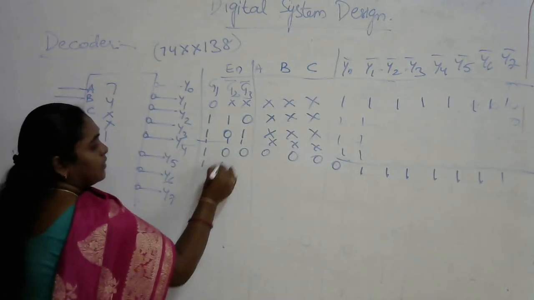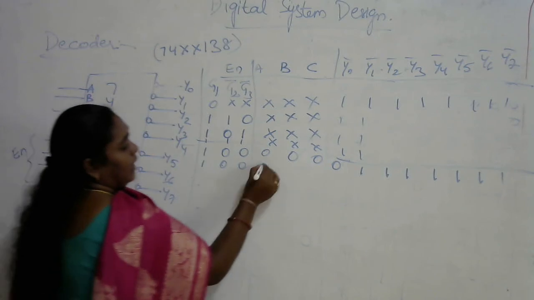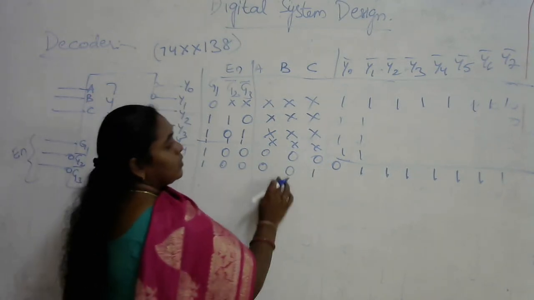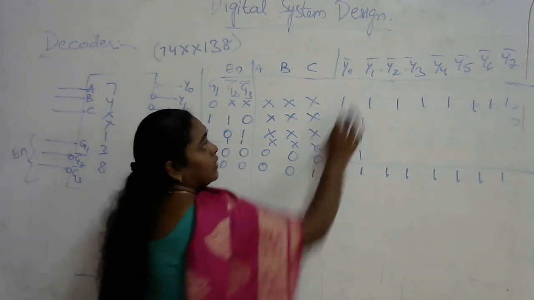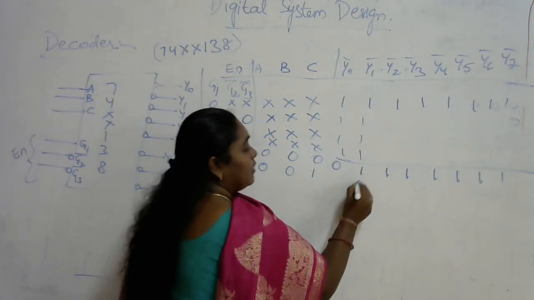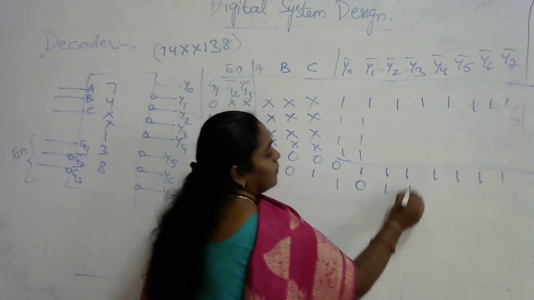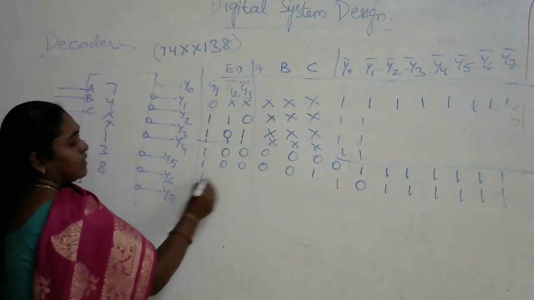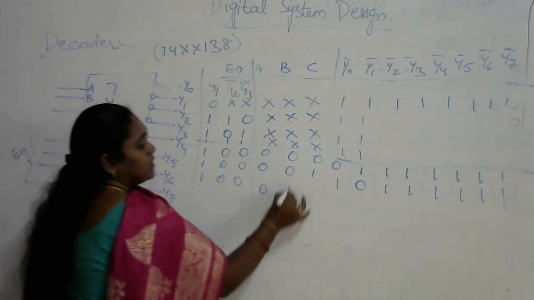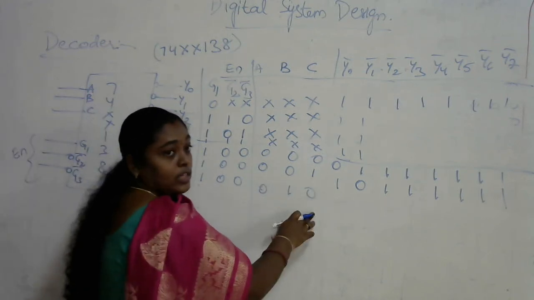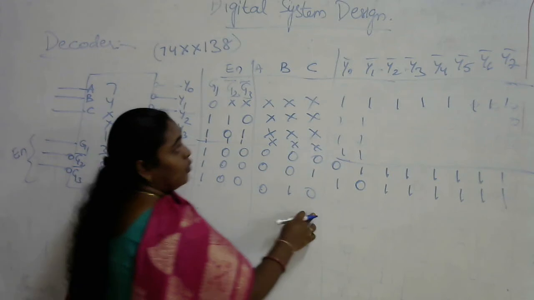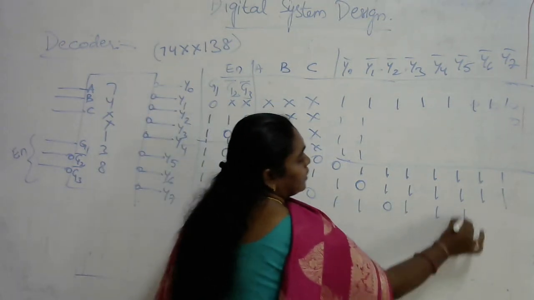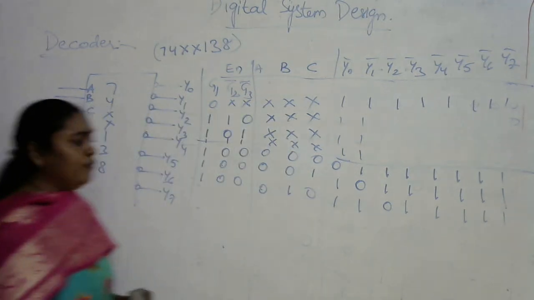Similarly, if it is 1 0 0 on the enables, and A is 0, B is 0, C is 1: 0 0 1 is equivalent to Y1, so Y1 will be 0 and all the remaining values will be equivalent to 1. The next case is 0 1 0, which is nothing but the equivalent of 2, so Y2 will be 0 and all the remaining should be ones.